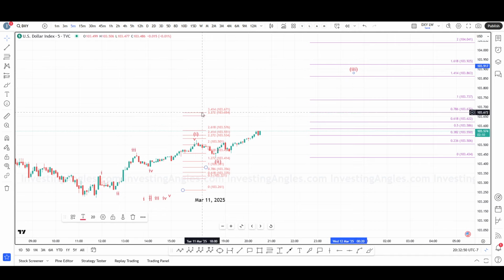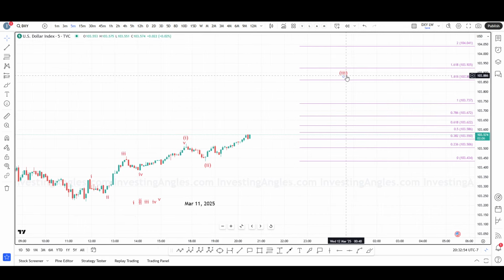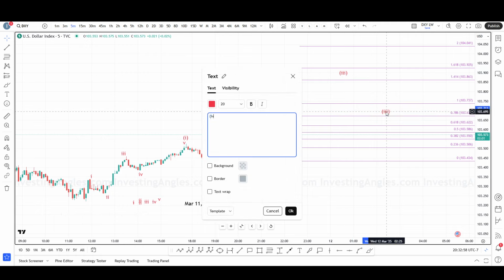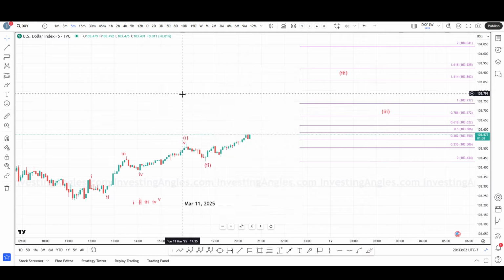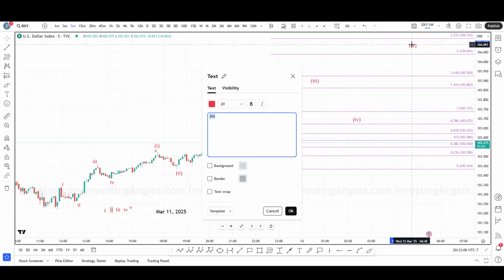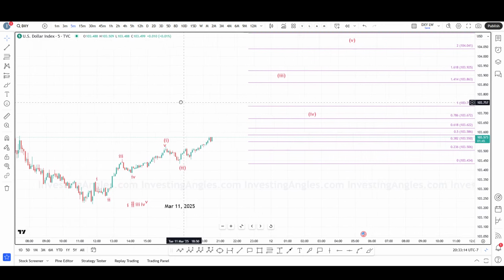Then we would retrace for wave 4, potentially somewhere here, and then we would be looking for wave 5 up here, and this would be the very first wave of the bottom. So let's see how it moves.